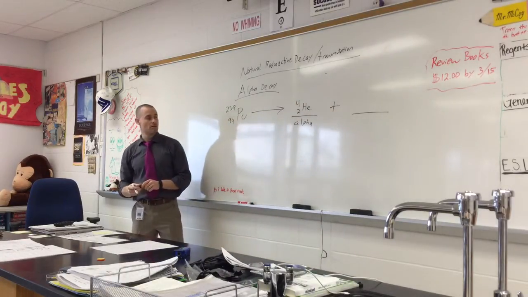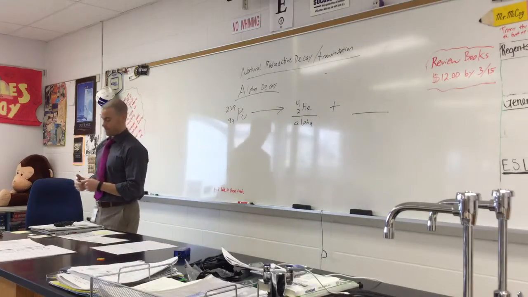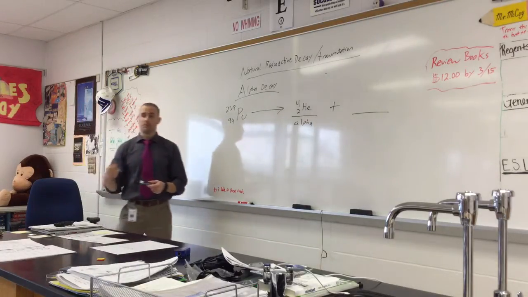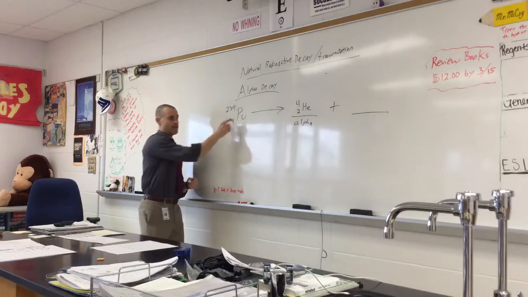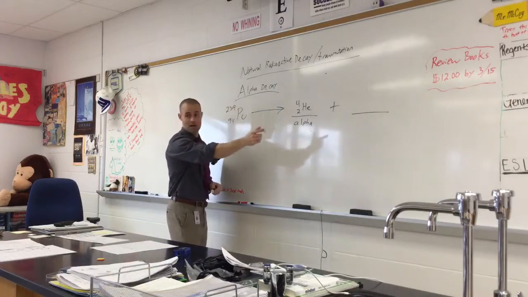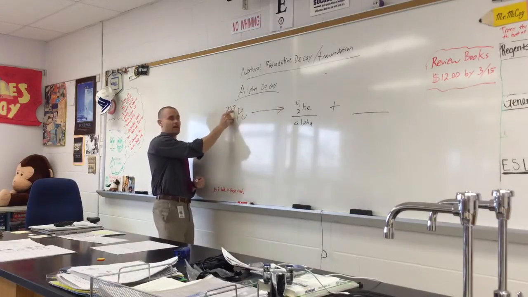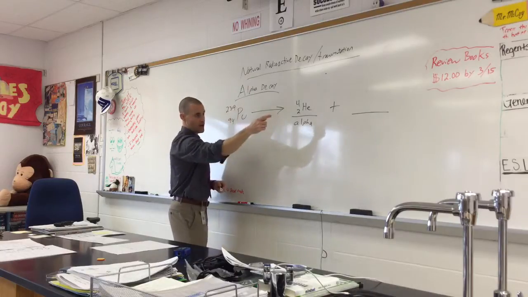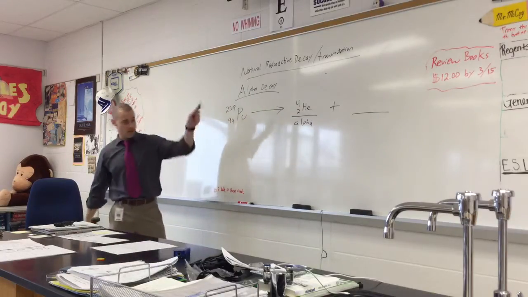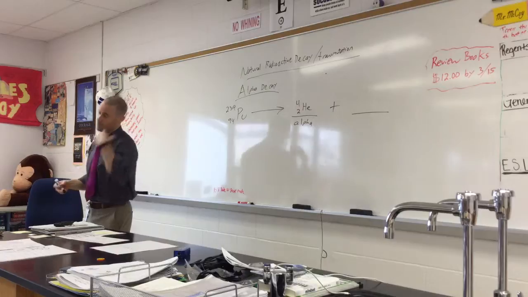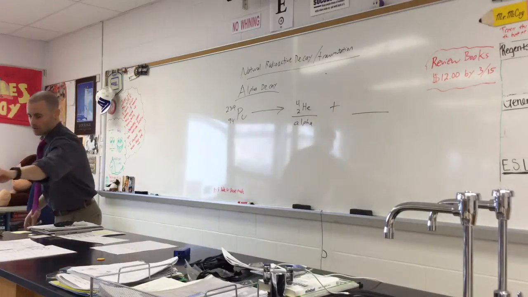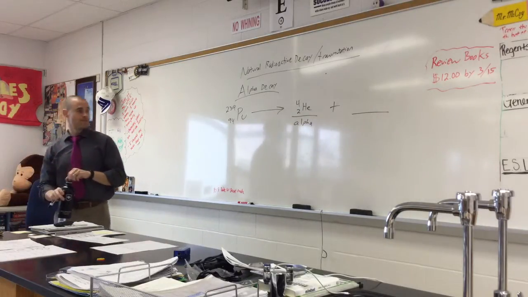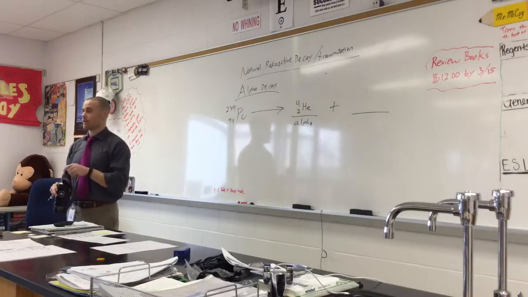Now, we got to fill in the blank. How do we do that? The numbers have to balance. So we have 94 on the bottom. We need 94 on the bottom over there. We have 239 here. We need 239 over there. So take a minute. See if you can figure out what element goes in the blank. If you've been watching, you should have a fighting chance here at least. Try and figure out what goes in the blank, and then I'll go over it.